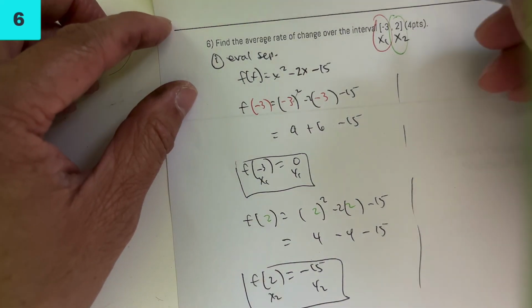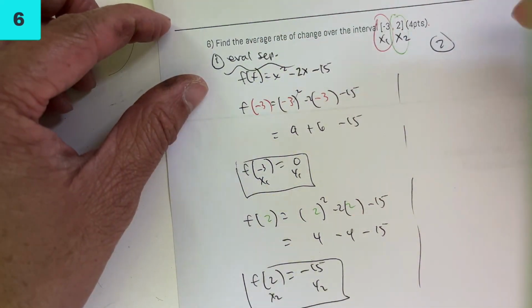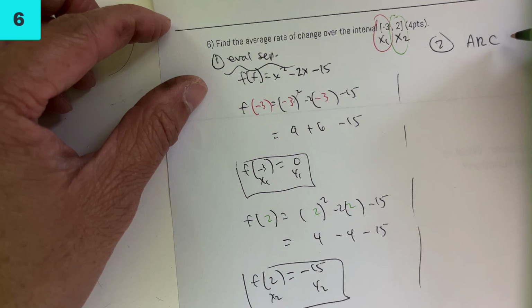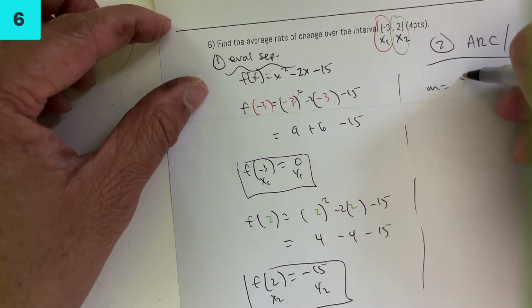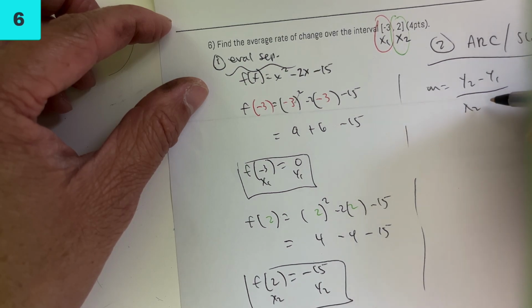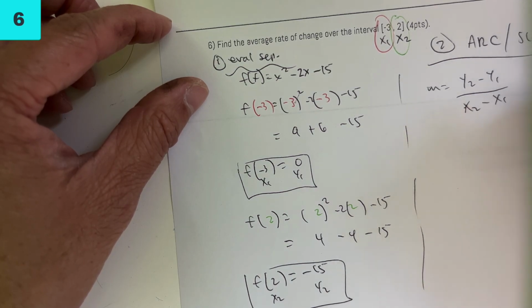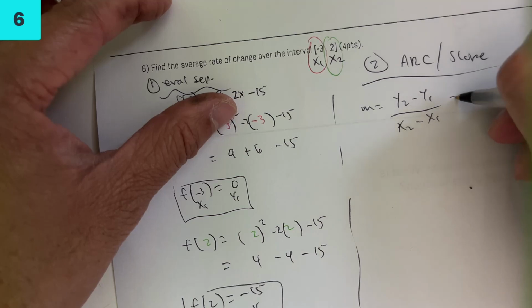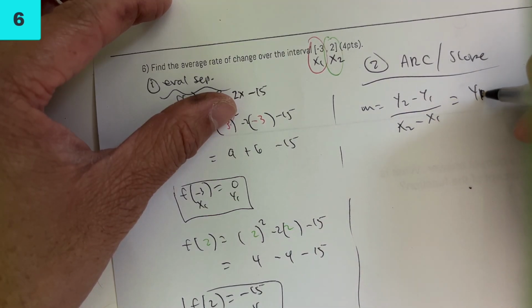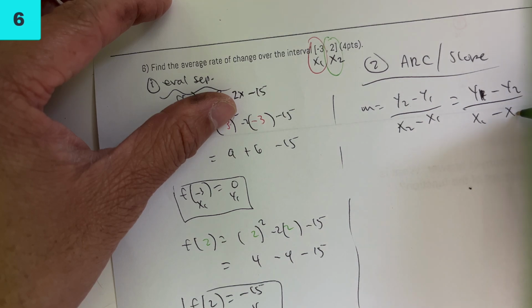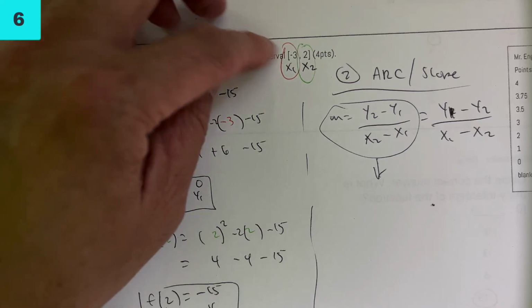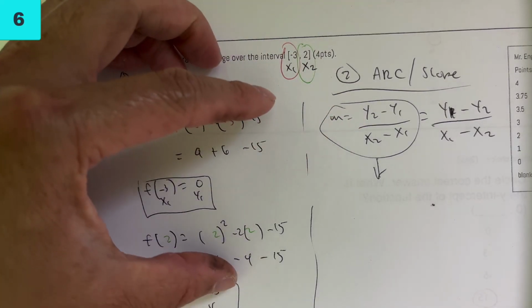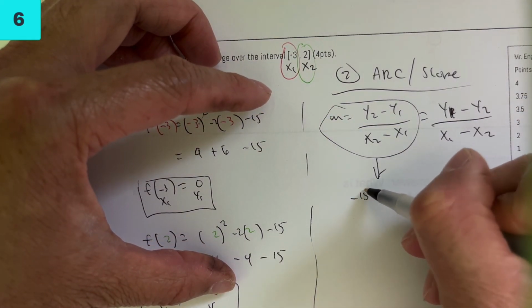Okay, now we're going to find the average rate of change or slope. So m equals y2 minus y1 over x2 minus x1. You can also do it the other way around, y1 minus y2 over x1 minus x2. I'll just do this one. So put them in parentheses. My y2 value is negative 15.